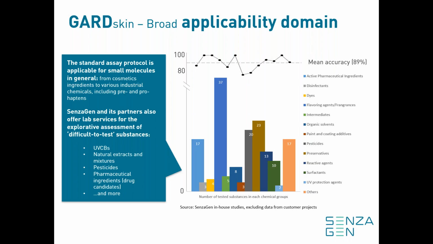The bars correspond to the number of samples tested within each chemical group, and the dots correspond to the fluctuation in the accuracy across these different groups. As we can see, regardless of which type of group of substances we are testing, the accuracy is quite close to the mean accuracy, which means that for this type of substances, the applicability domain is quite broad.